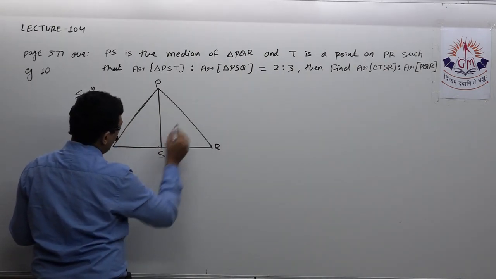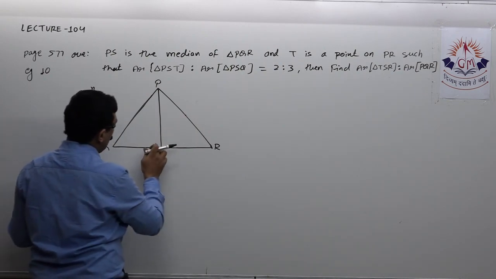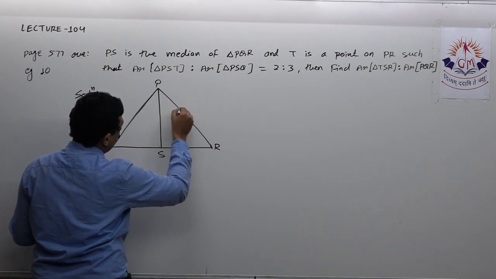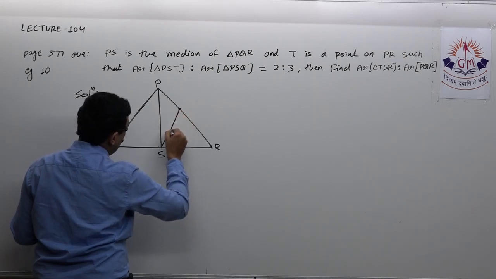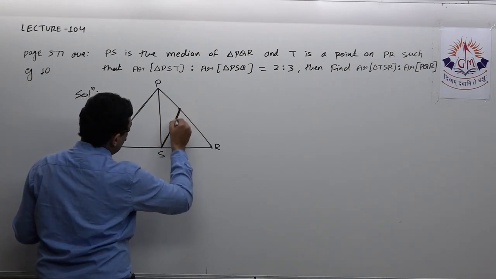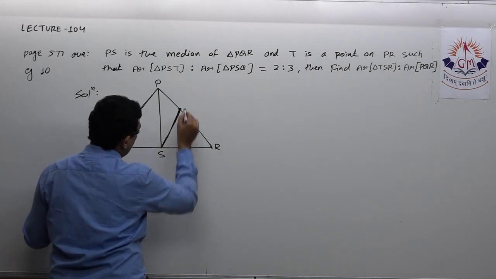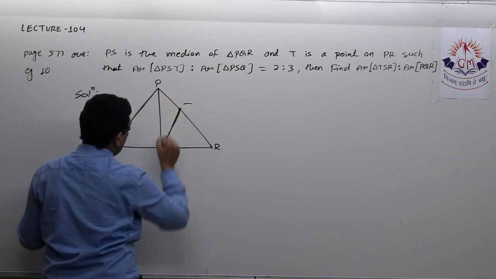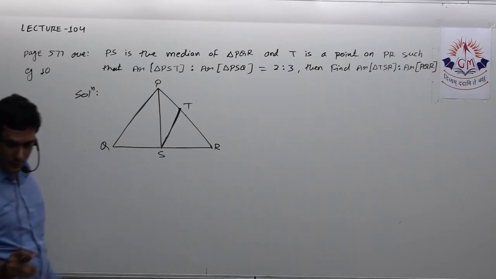T is a point on PR such that area of triangle PST is to area of triangle PSQ. Let me see the question.